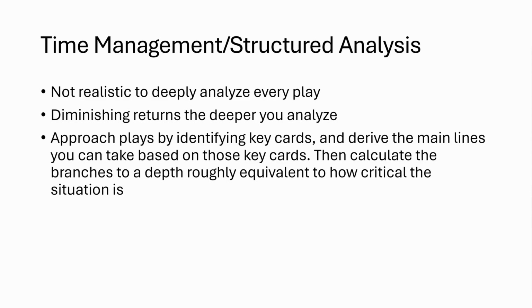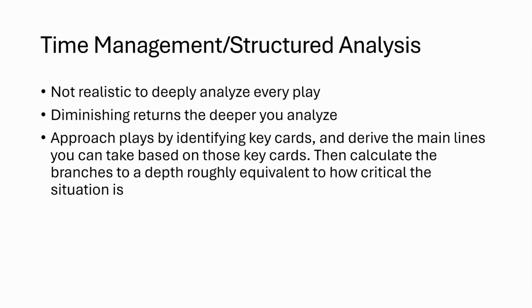So in that example, we noted that the 2 key cards and the 2 main lines were Blitzkrieg and Strat Bombing. Then we want to calculate those branches of the main lines to a depth roughly equivalent to how critical the situation is. A critical situation can look pretty different depending on what types of decks you're playing and what types of decks you're playing against.